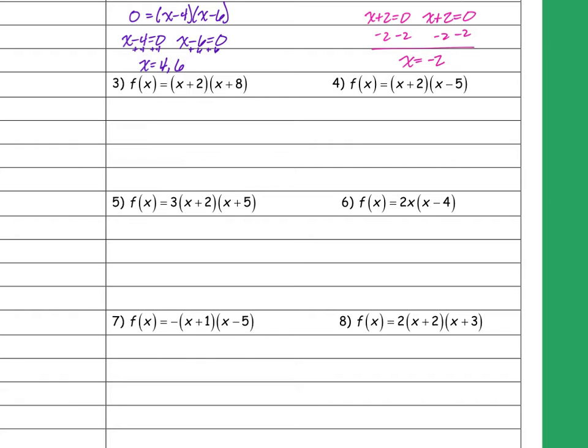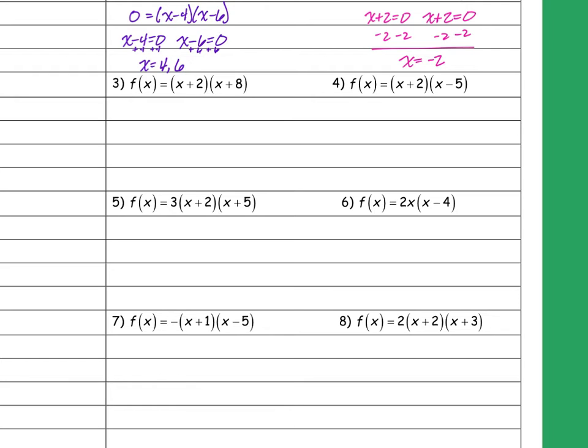So if you take a look at 3, 4, 5, 6, 7, and 8, they're all showing up on your board or your computer. What's the difference between them? Well, 6 has, in the middle, it has equals 2x, and all the others are equal to something, or equal to 3, or negative.